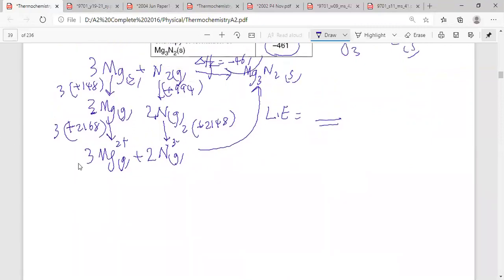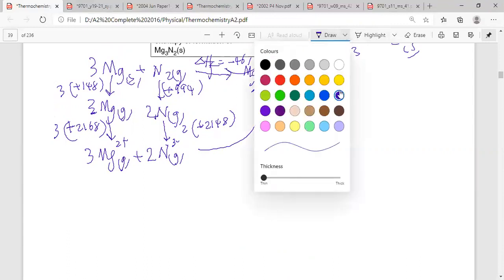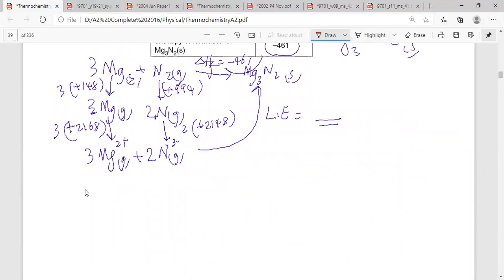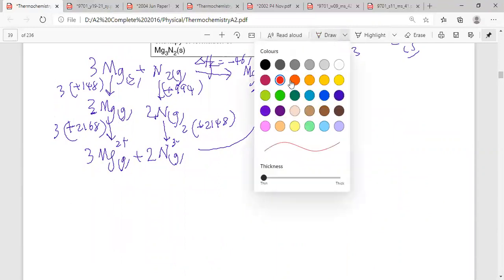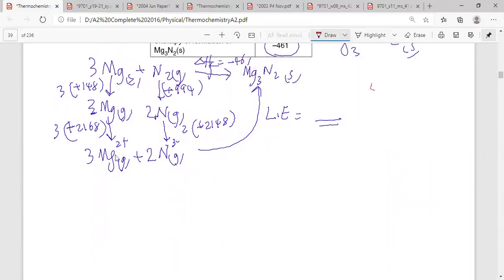So the Born-Haber cycle should be: minus 461 equals 3 times positive 148, plus 3 times positive 2168, plus positive 994, plus 2 times positive 218, sorry, plus the lattice energy.